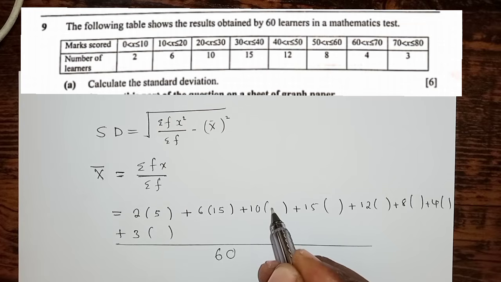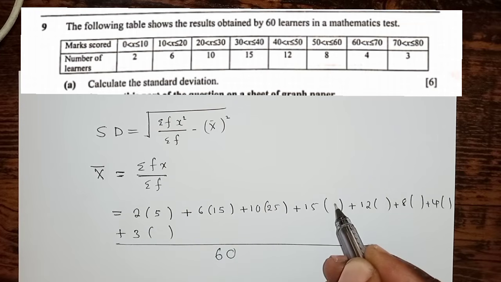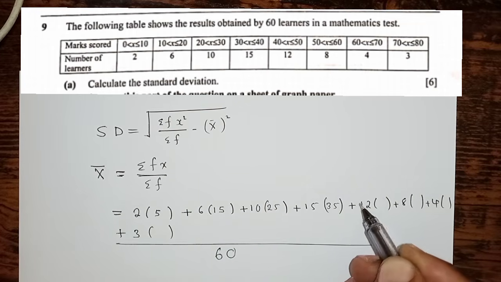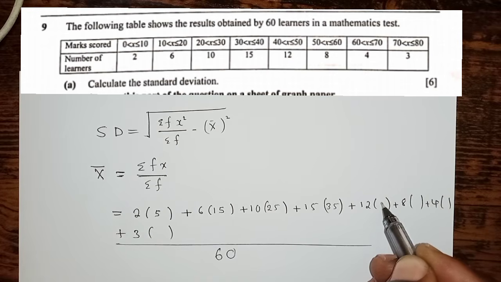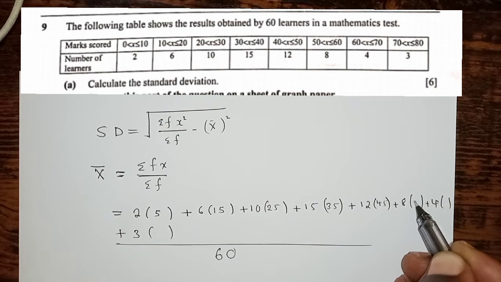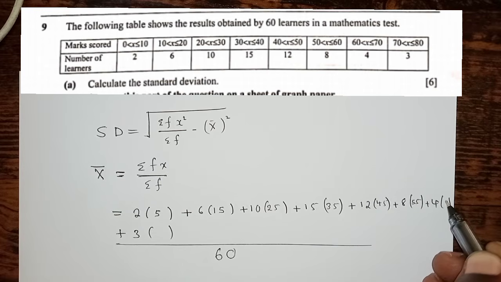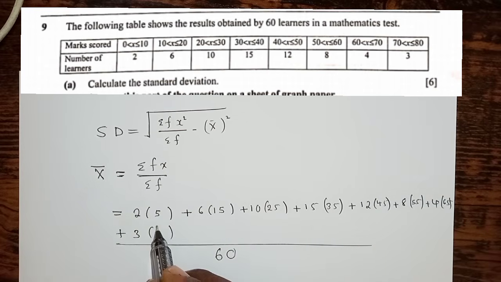Here it's 25. Here it's 35. Here it's 45. Over here it's 55. Here it's 65 and 75.